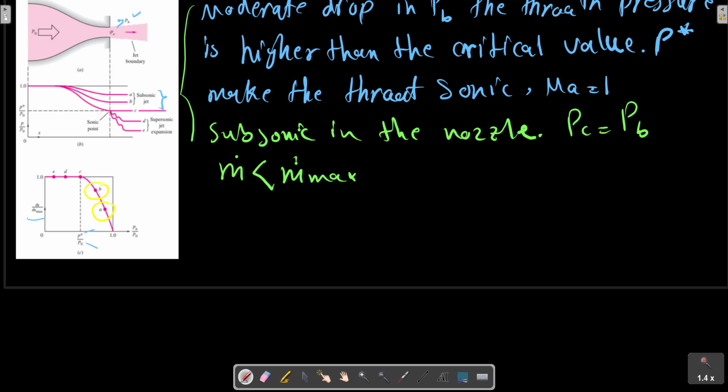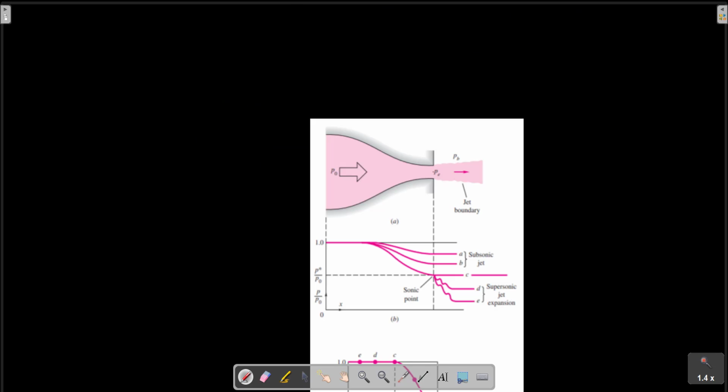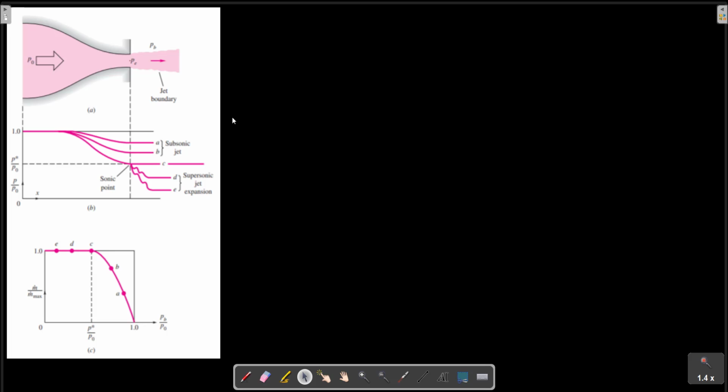For condition C, let me write on the next page and consider the picture here. Condition C, this diagram.